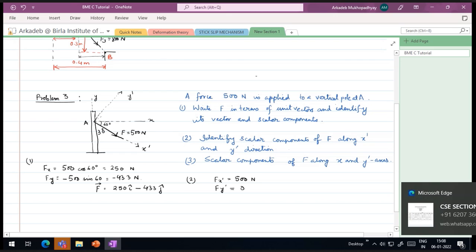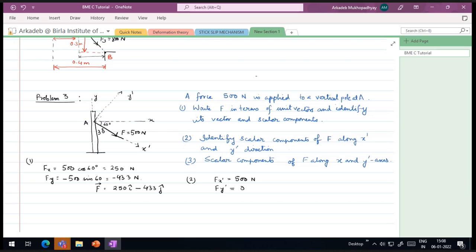Now comes the more critical part. You have to find out the components of f along x and y dash direction. This is my x direction and this is my y dash direction. So how will I do that?